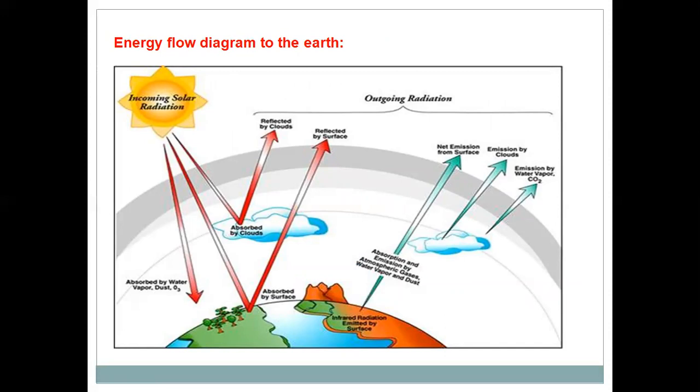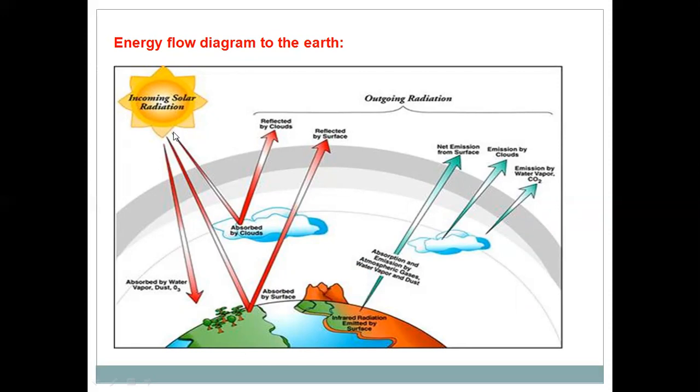Energy flow is nothing but how much energy is coming from the sun, that is solar radiation, and how it is distributed to the surroundings or to space by reflection, diffraction, scattering, etc. Here, this is the sun, this is the earth surface, these may be plantations, mountains, or ocean.